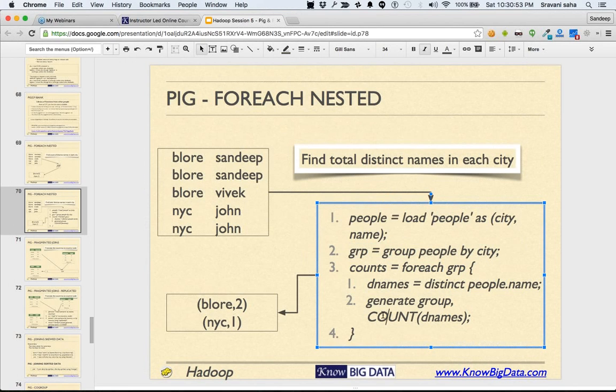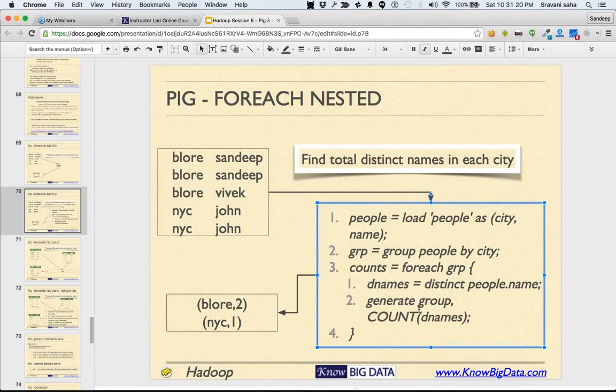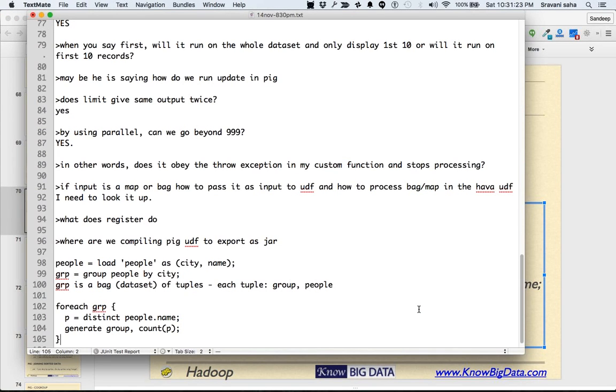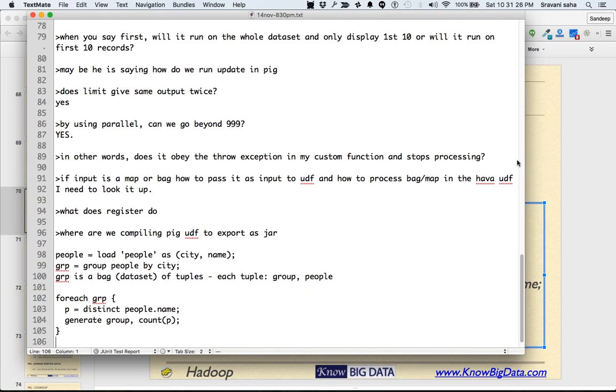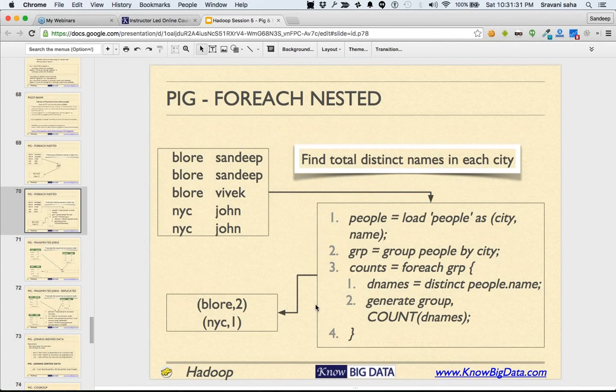It opens up such that you can say count equals count p. Not like this, so we'll have to say generate group, comma, count p. You get my point? All right, so this is what a nested foreach is all about.